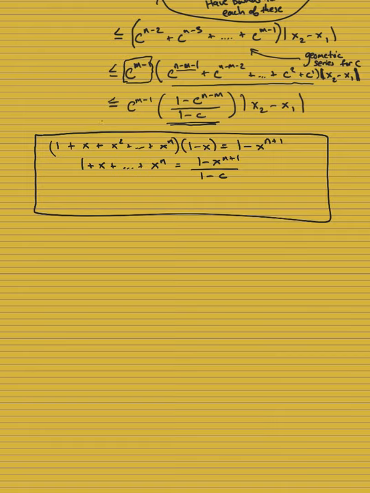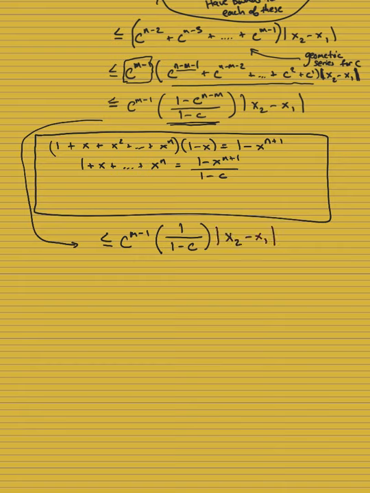All right, so going back to here, this is less than or equal to c to the m minus 1 times 1 over 1 minus c times x2 minus x1. Okay, so this is just because, well, c is less than 1, so I can drop this term out.